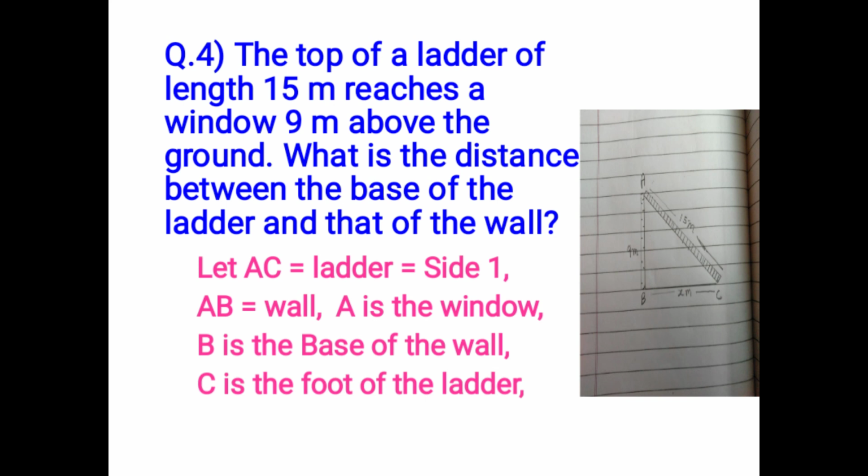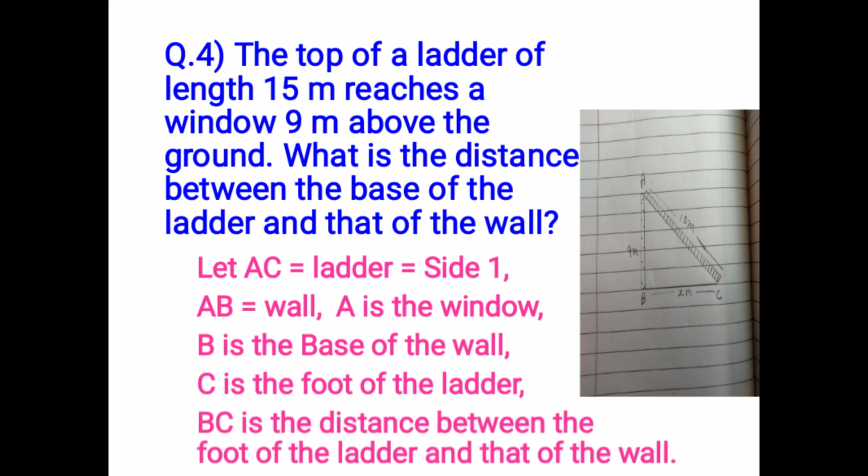C is the foot of the ladder. You have to find the distance between the base of the ladder and that of the wall. BC is the distance between the foot of the ladder and that of the wall.